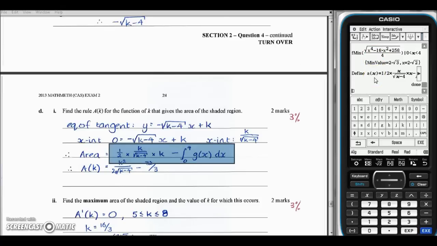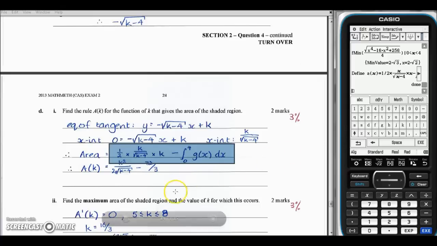Okay, so you see what happened there. Because I used a as a variable, it didn't like it. You've actually got to use a in ABC. So there you go. So I've defined a of x as my big, scary, area-looking function.